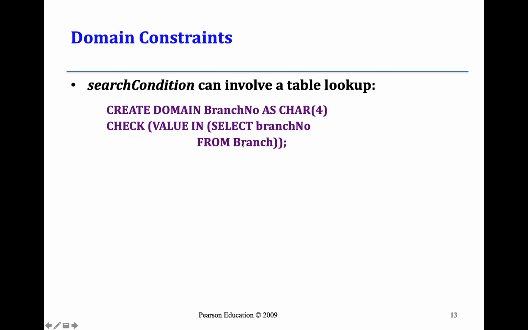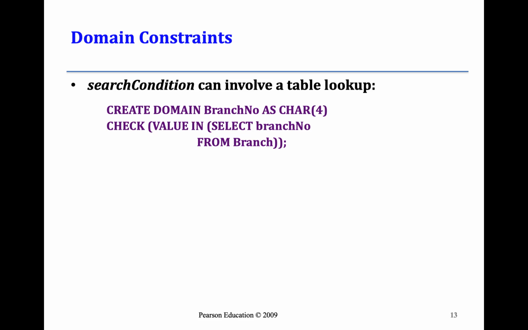When you create the domain and then you move on, and later you insert another branch number, does that check automatically update, or does it stay the same? So the question was, when you create this domain, is it static in the sense that the values that are valid are collected at the time the domain is declared, and thereafter the set cannot change?